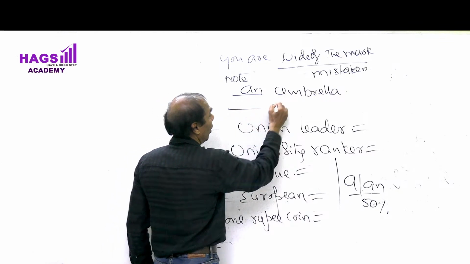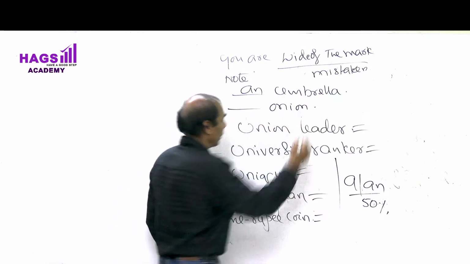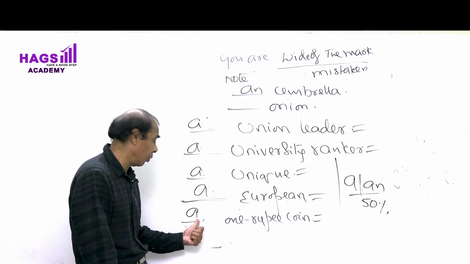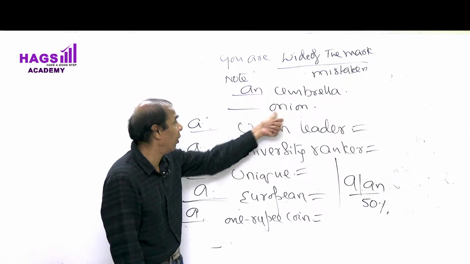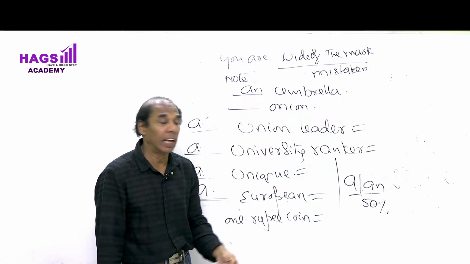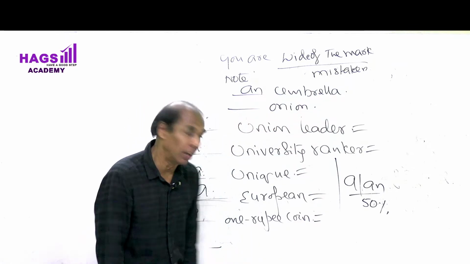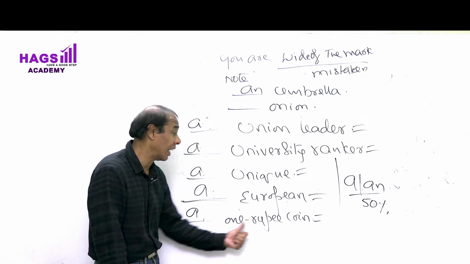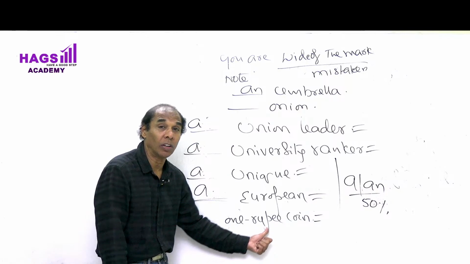Similarly, look, onion. If you think like this, when the word begins with O, I have used an here, so here also I have to use an. If you think like this, this is also wrong, because here the letter O is giving the sound like wa: one rupee coin.